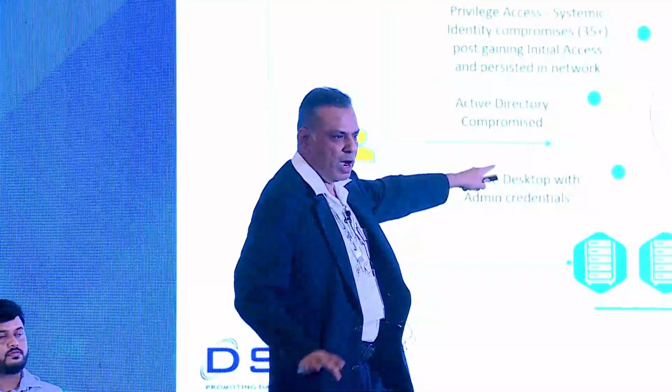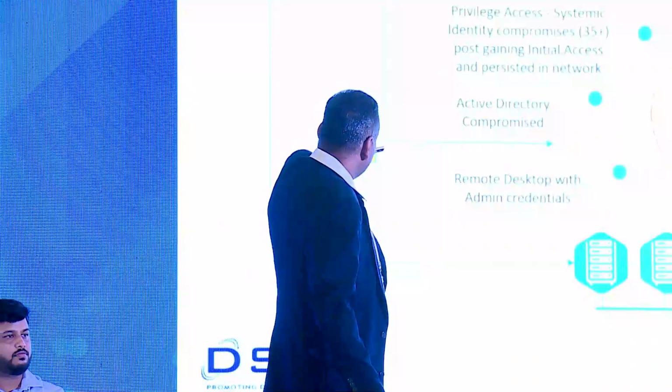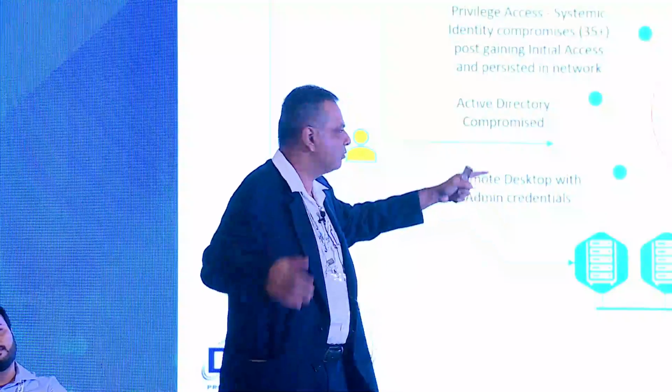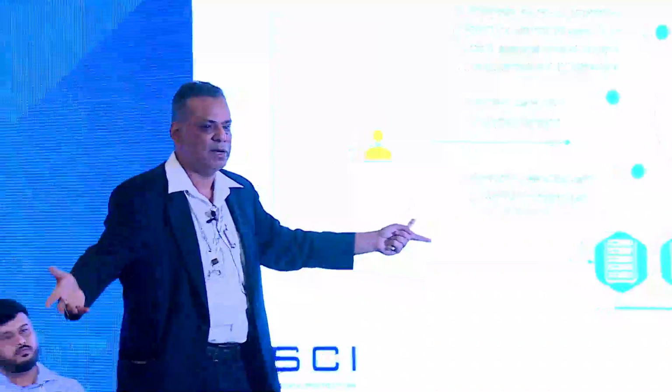Lot of RDPs. Active Directory was compromised. Why? 35 plus administrators. What did we find? System IDs having password never expire, password never reset, and domain admin privileges for a system ID.